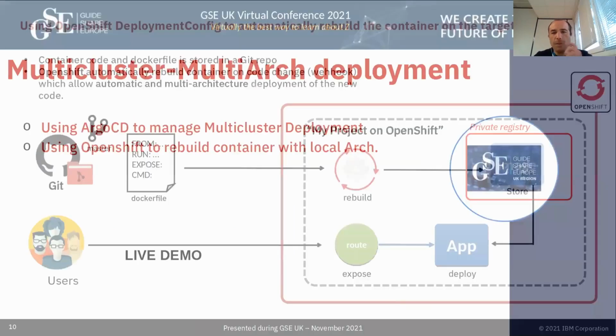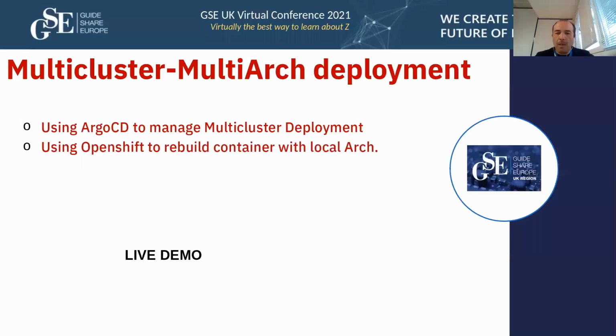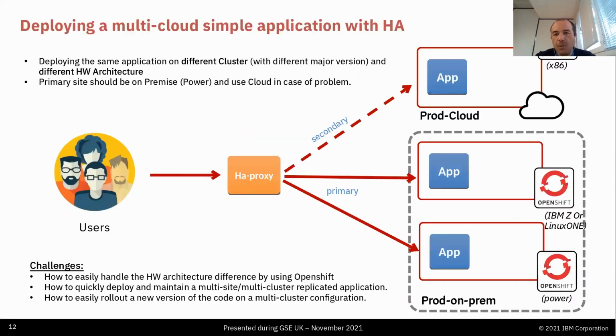So as a summary of the different things we have seen during that live demonstration, the first scenario we covered is the HAProxy. We had those two primary calls to the IBM Z and the Power architecture, and the x86 server on the IBM Cloud servers that we were calling.